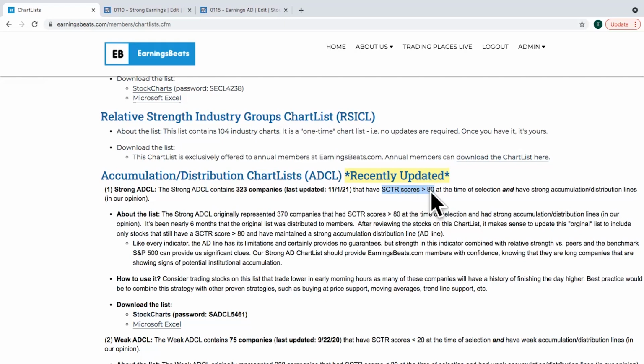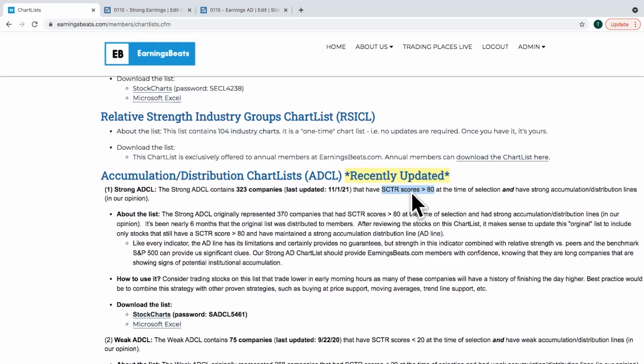It's a relative strength number where you're comparing stocks within the same asset class. So large caps against large caps, small caps against small caps, ETFs against ETFs, that sort of thing. But if you have an SCTR score above 80, it's telling you that you're in the 80th percentile or above relative to the other stocks within your asset class, based upon the formula that was developed by John Murphy.